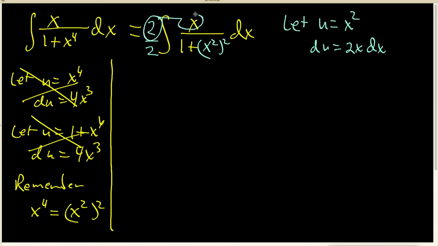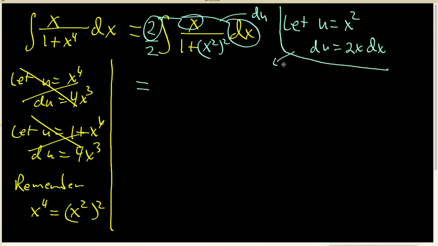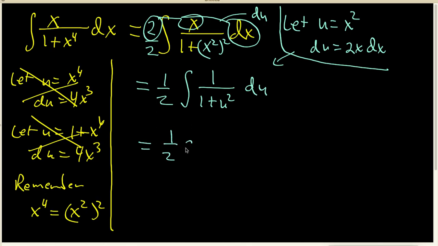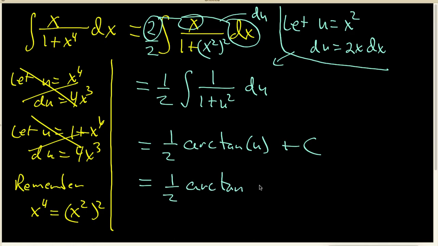That 2, the x and the dx all go together to form the du. So when I use this substitution, I get the integral becoming 1/2 the integral of 1 over 1 plus u squared du, and that's going to go back to 1/2 times the arctangent of u plus any constant. Of course, u was nothing more than x squared here.